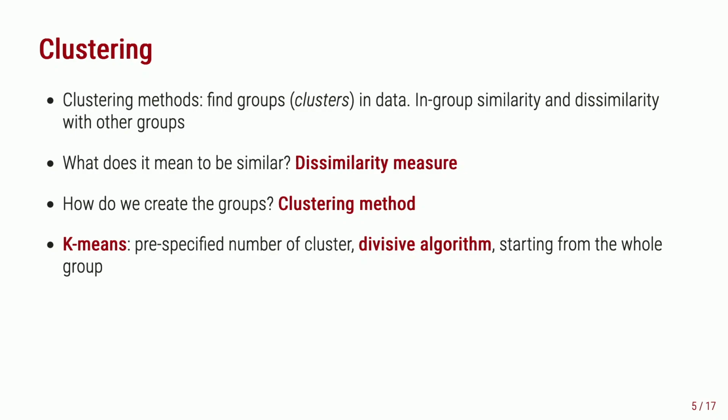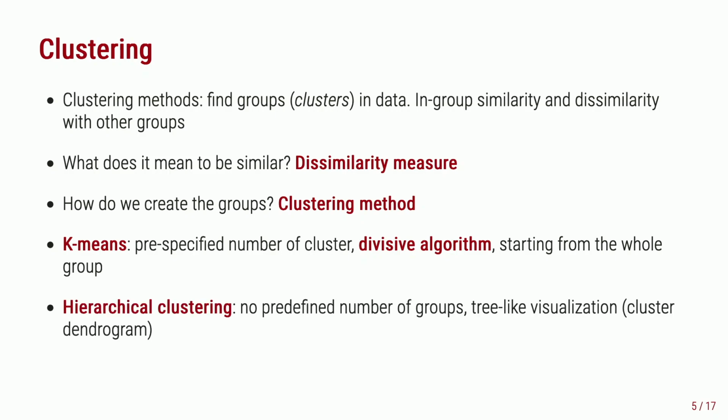But it's a divisive algorithm in comparison to hierarchical clustering, that is maybe more famous. But you don't have a predefined number of groups. The analysis gives you a dendrogram that is joining pairs by pairs the entities and the clusters. And the decision of when you make the cut for a group or not is one of the decisions that you have to make.